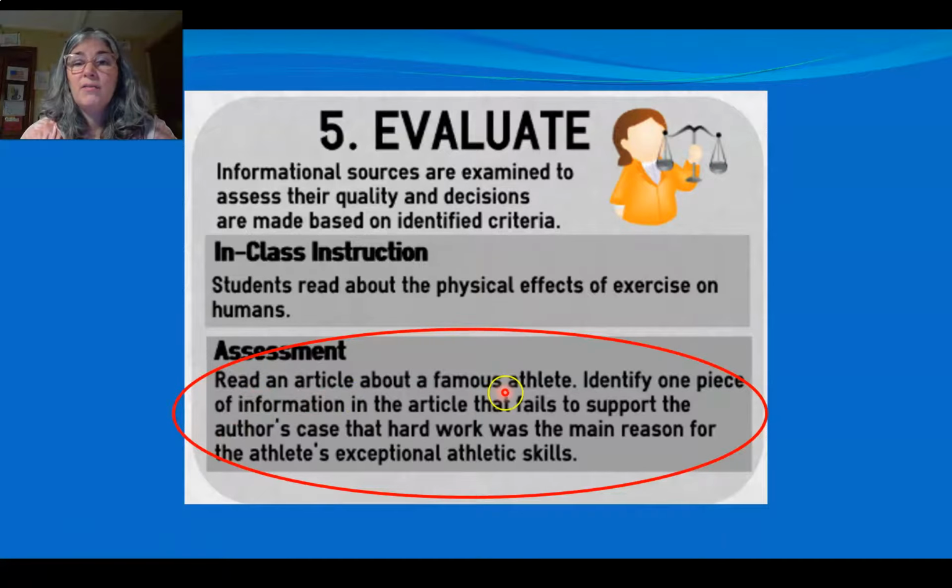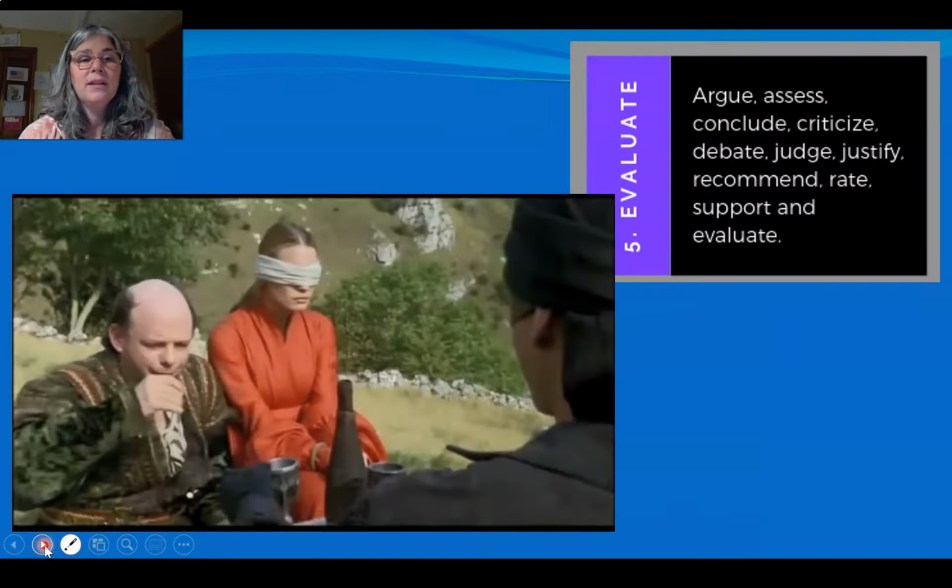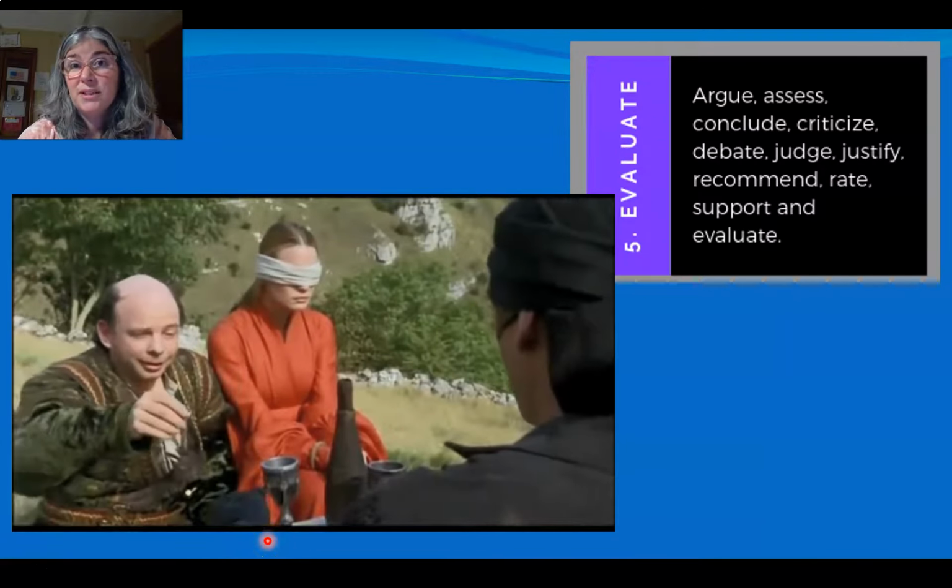Read an article about a famous athlete. Identify one piece of information in the article that fails to support the author's case, that hard work was the main reason for the athlete's exceptional athletic skills. So you can have them read articles and try to find inconsistencies. And here's an example from Princess Bride.